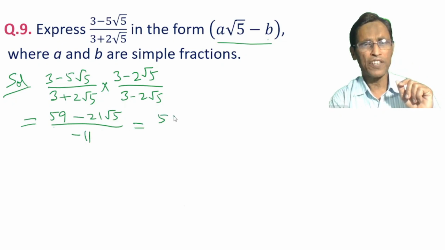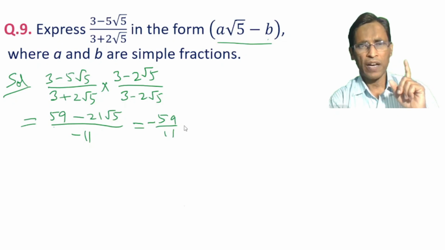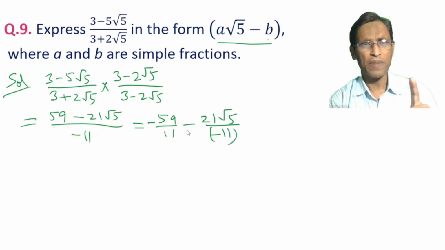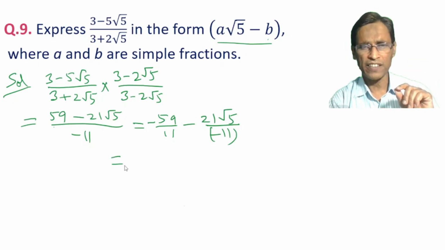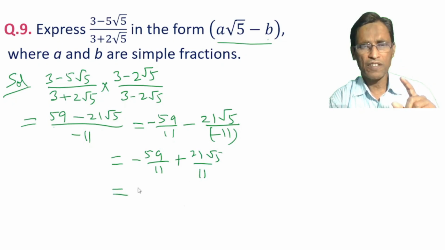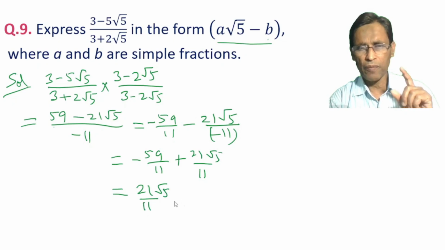Now 59 by 11 with the sign of minus, and then minus 21√5 by minus 11. Clearly this minus makes this minus plus, and so we can write minus 59/11 plus 21√5/11. That is 21√5/11 − 59/11.